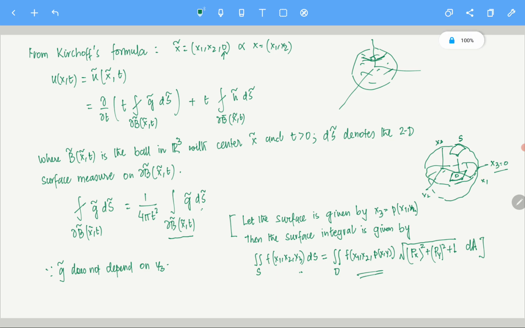Now of course, what is y? This is with respect to y, dS y tilde. I'm not writing all that. I hope you understood. So y is on the boundary of the ball. So y is y1, y2, y3, and g tilde does not depend on y3.